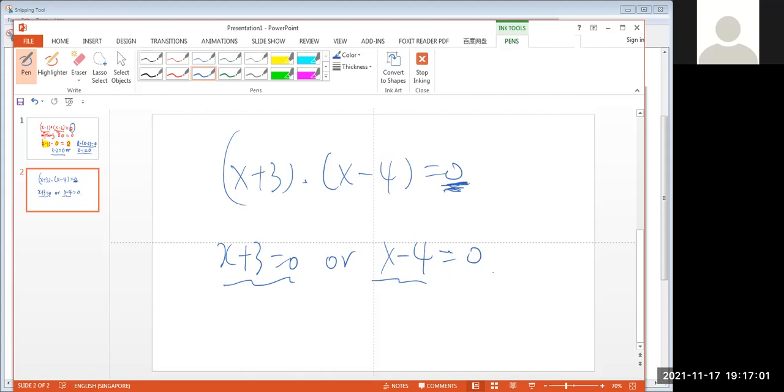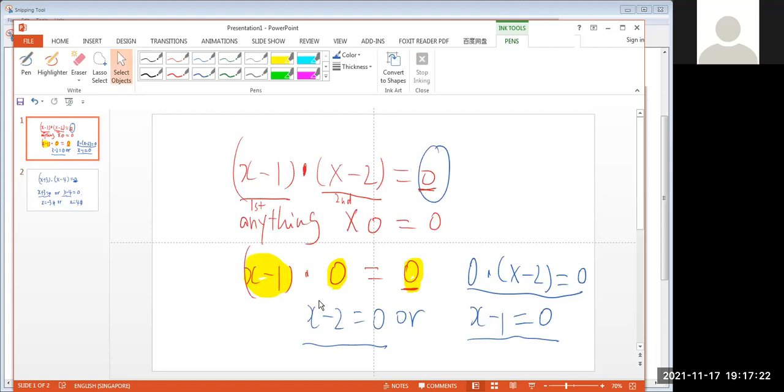Okay, so for this question, if I continue to solve, x plus 3 equal to 0, so x is equal to minus 3. All right, or if I do x minus 4 equals 0, x equals 4. So you have two answers for this question. All right, so if I go back to the previous slide, over here, if you read this, x minus 2 is equal to 0 or x minus 1 equal to 0.